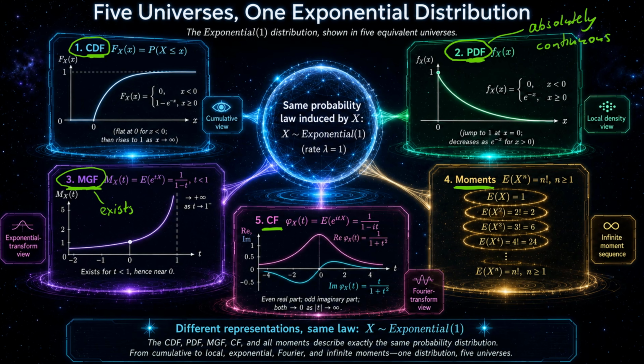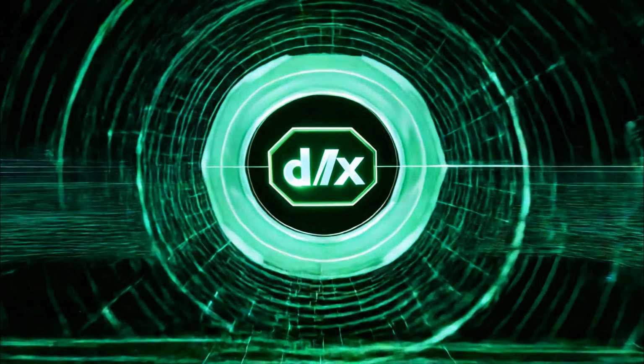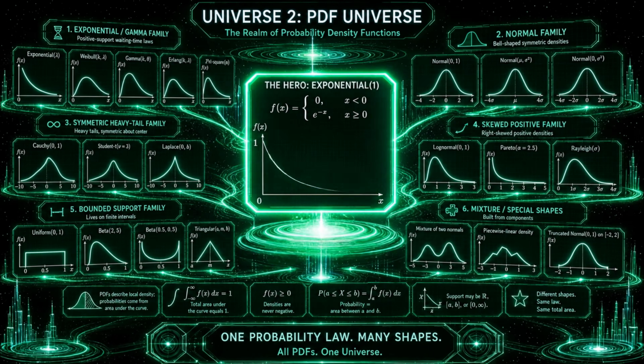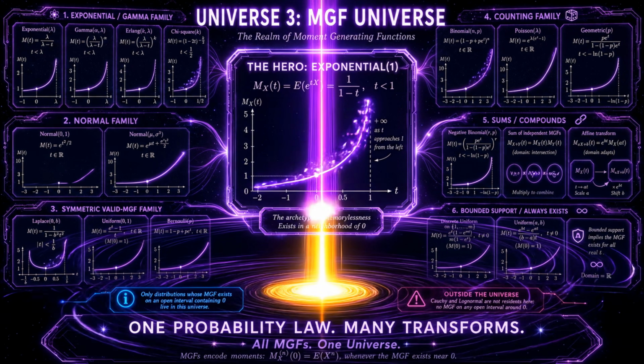Same thing in the CDF space, we must find that the CDF of that sum is the CDF of the gamma 3-1 distribution. It's just that it might be more work attacking this particular question in the CDF universe. We could have also looked at the infinite sequence of its moments or used the characteristic function. It is difficult to oversell how important a moment we find ourselves in right now that we can perceive these 5 universes.